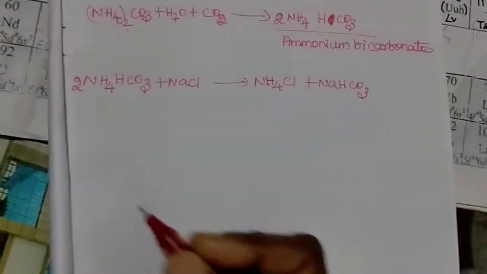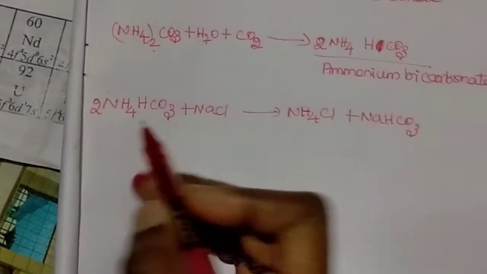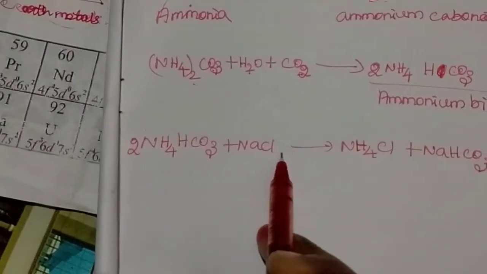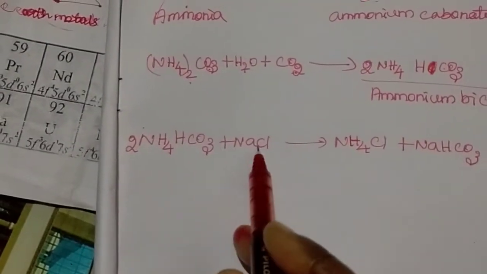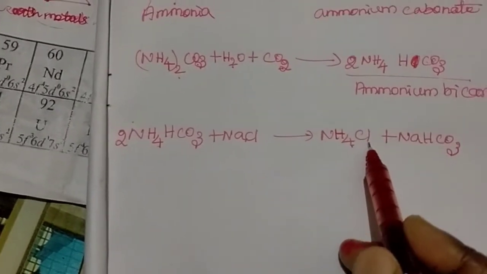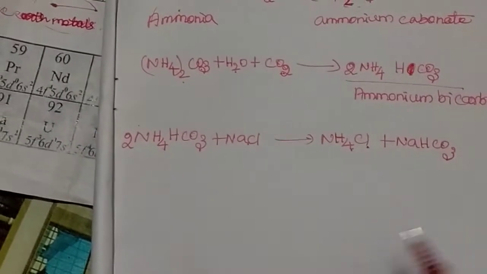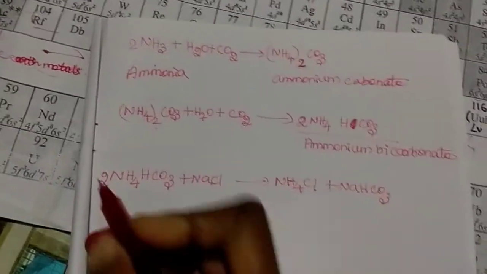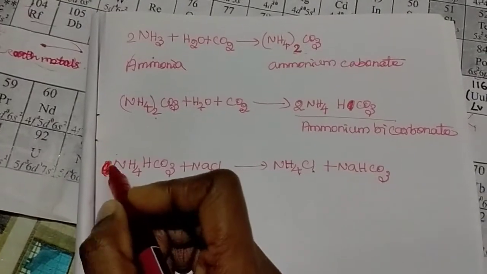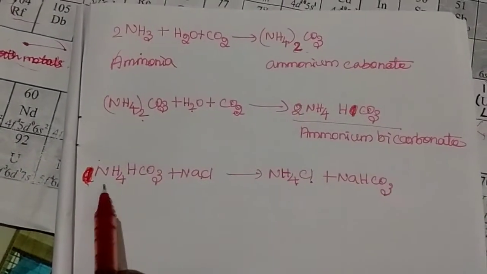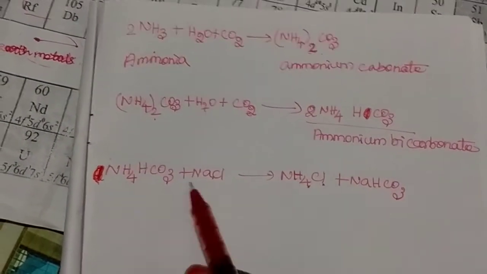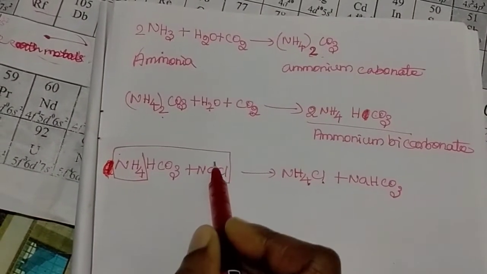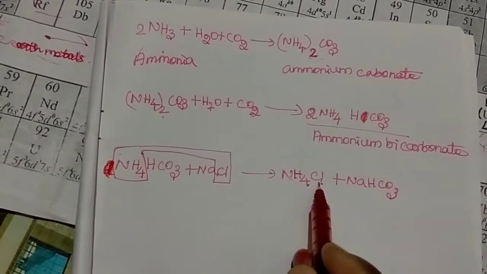The ammonium salt is combined with the chlorine, so it forms ammonium chloride.